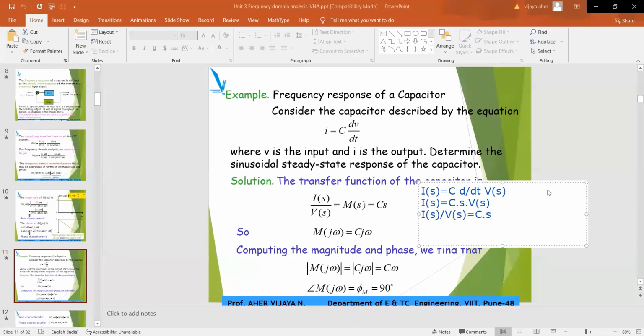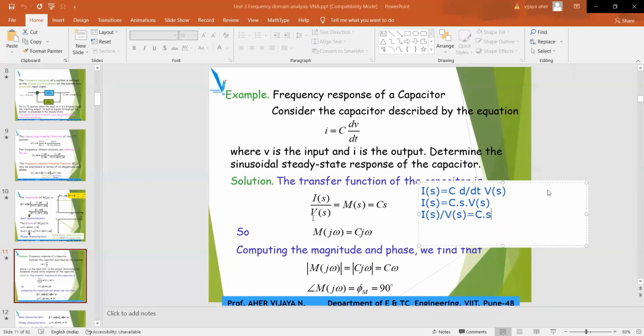So what is the transfer function for this? The transfer function, denoted by the letter M of S in frequency domain analysis, is equal to I of S divided by V of S. I of S is the output, current is output, and voltage is input. So I have taken the ratio of Laplace of output to the Laplace of input.